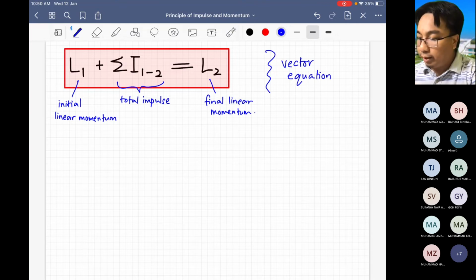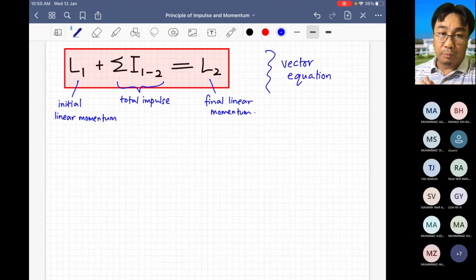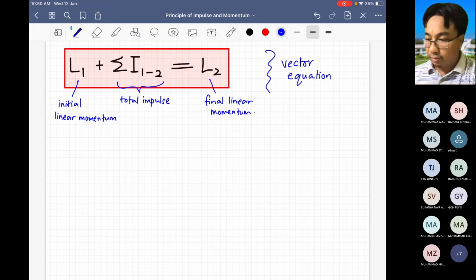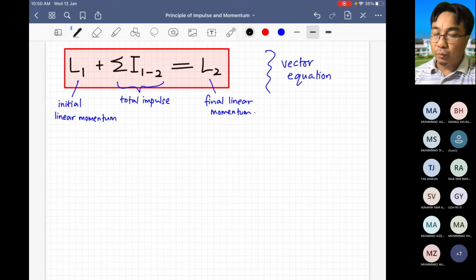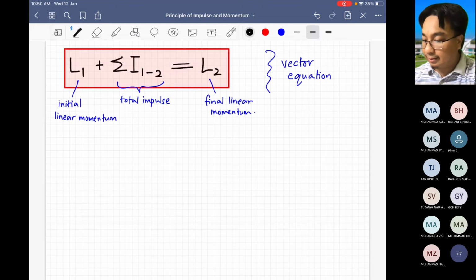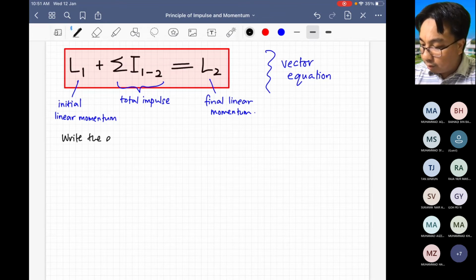So when we are going to do calculation for this principle of linear impulse and momentum, we will write this equation with respect to the axis. So we rewrite this equation based on axis. Okay, write the equation based on axis.